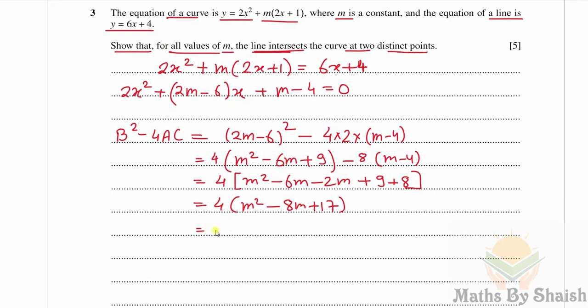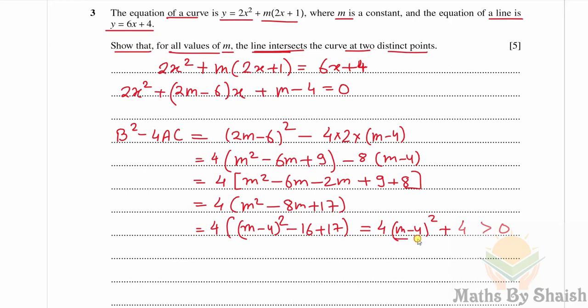Now we have to prove that it is greater than 0, and for that we can take the help of the completing square method, and it is going to be (m minus 4) whole squared minus 4 squared, that is 16, plus 17. So this becomes 4 times (m minus 4) whole squared plus 1, which is of course going to be greater than 0 because 4 is positive.